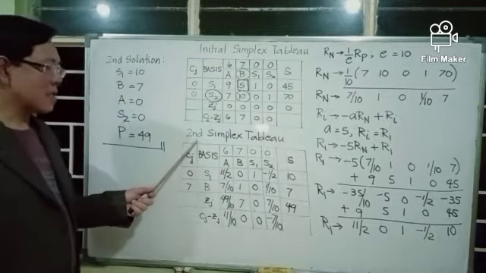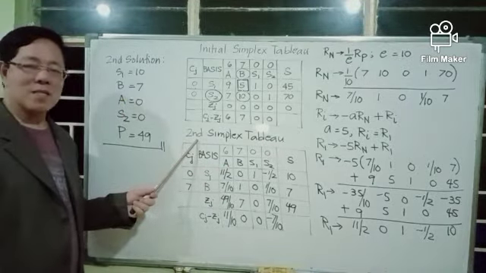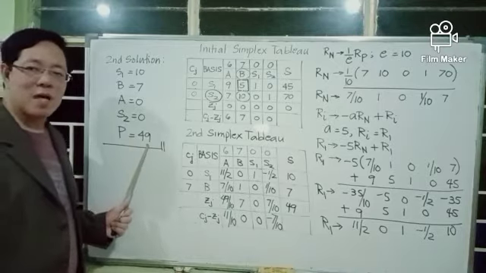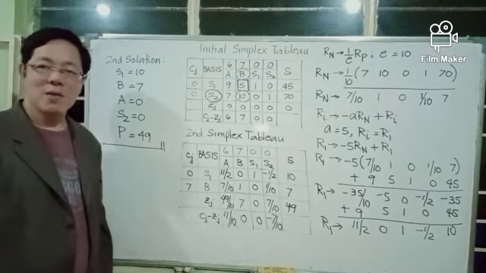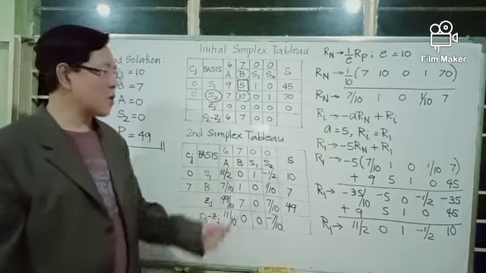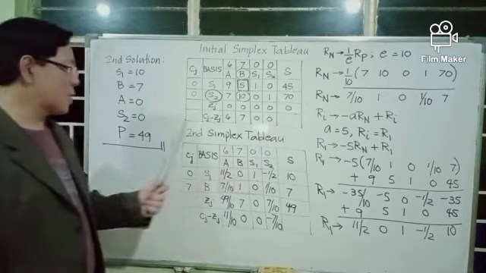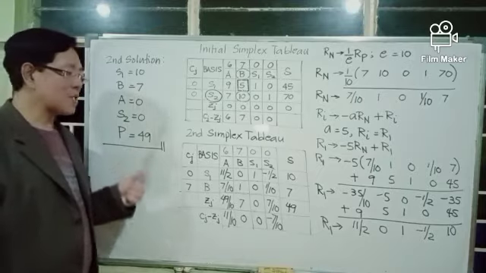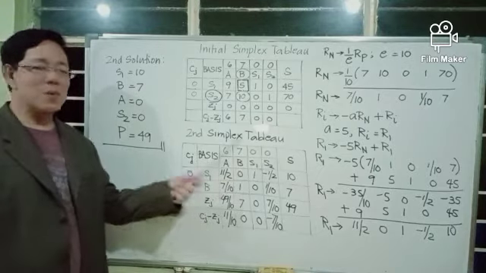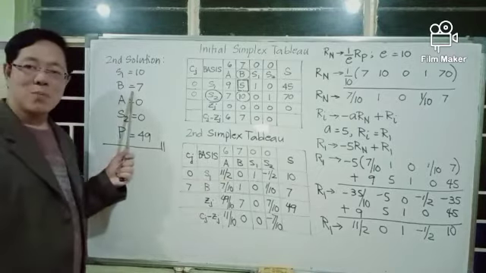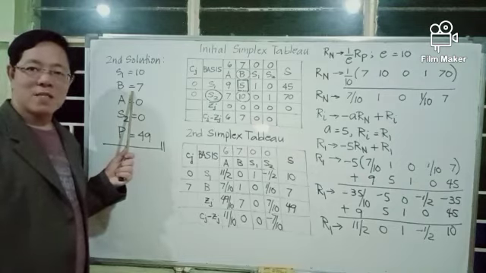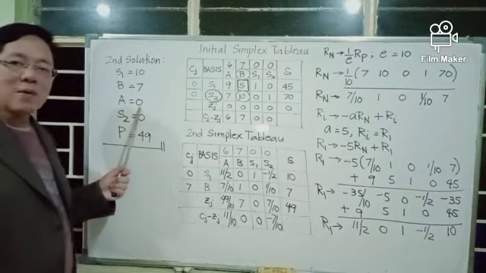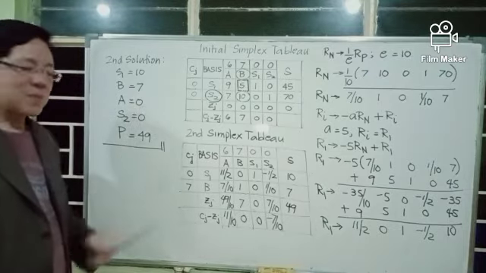And in the second solution corresponding to the second simplex tableau, the value of the objective function is now 49. Thus, there has been an increase in the value of the objective function from 0 to 49, because in the second solution, one of the decision variables, B, now has a value of 7, although A remains 0.